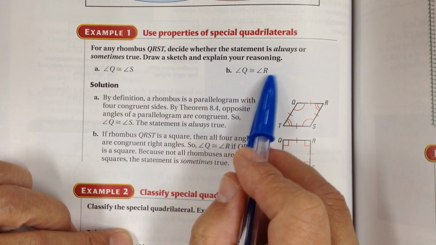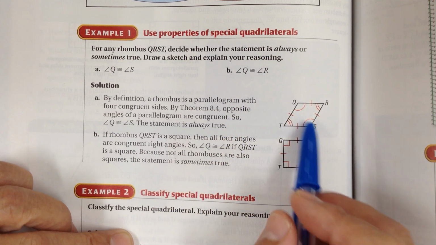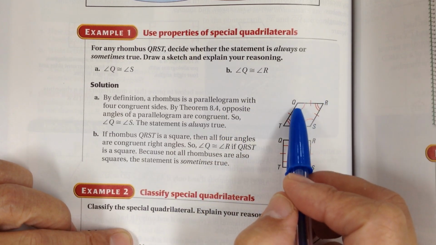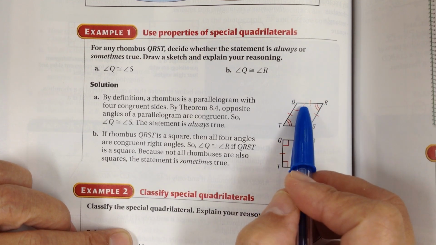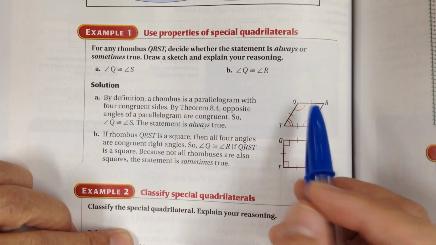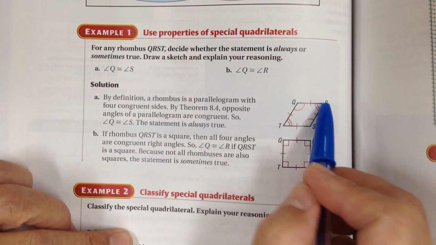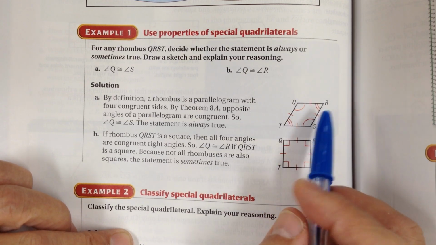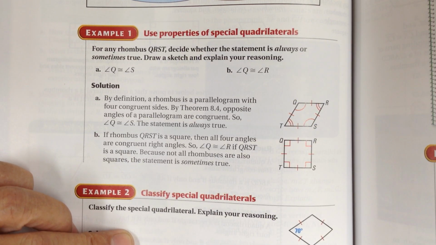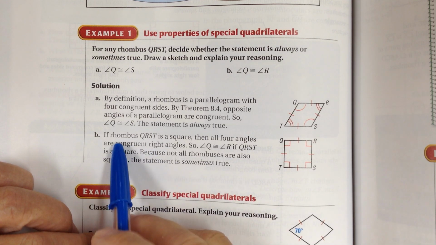Whereas angle Q congruent to angle R is sometimes true. Like in this case it's not congruent, but in this case they are. So the answer is sometimes, and the time it's congruent is when it's a square.